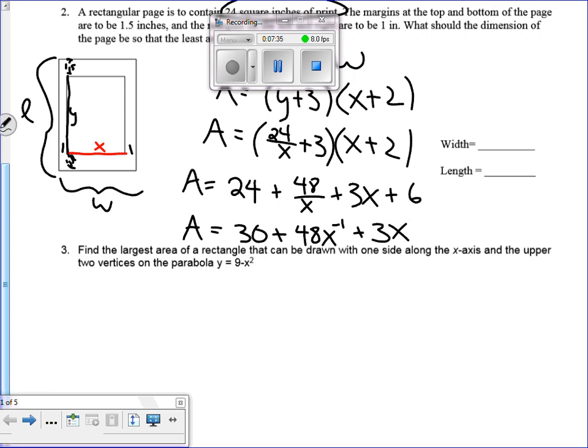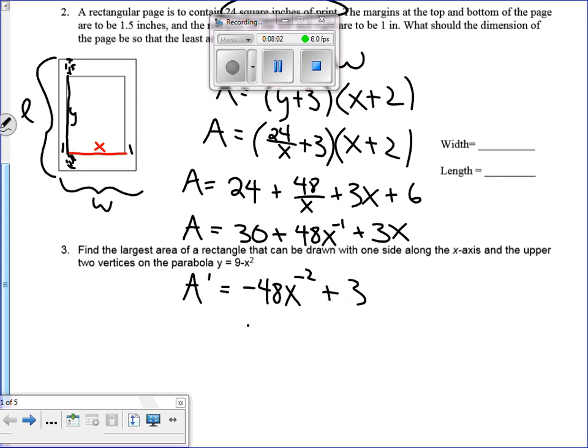Okay, so now let's get the derivative and set it equal to 0. So the derivative equals negative 48x to the negative 2 plus 3. One thing I didn't say here, as far as what x can be, all we really know is that it's got to be positive. So hopefully we'll come back with a positive number. So, okay, we set our derivative equal to 0.